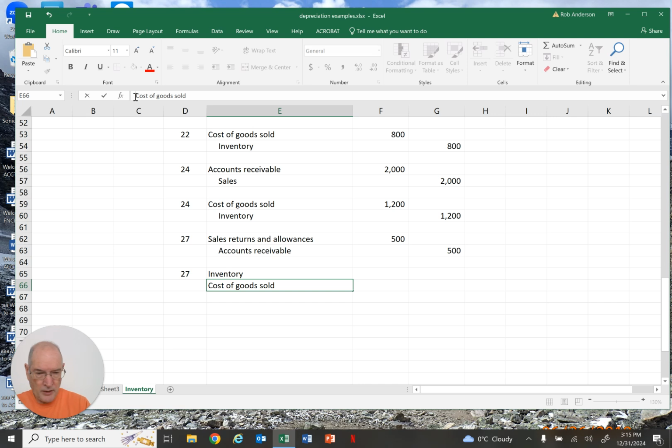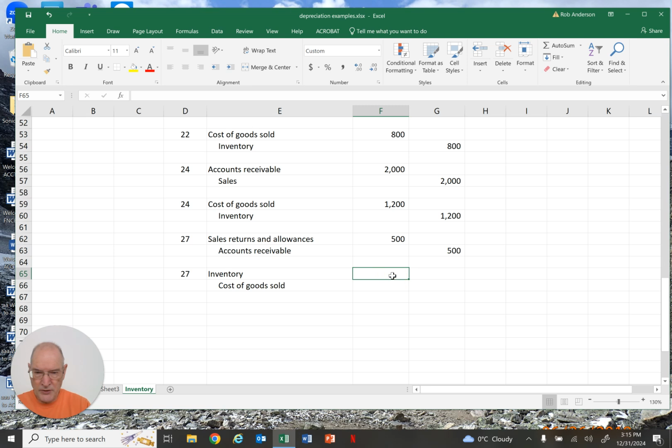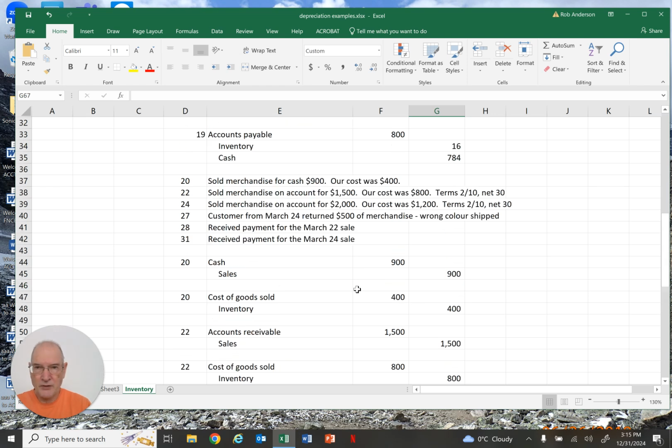That could have worked a little better, but there we have it. So we calculated that amount as $300. And there we have it. Now that was the entry on the 27th.